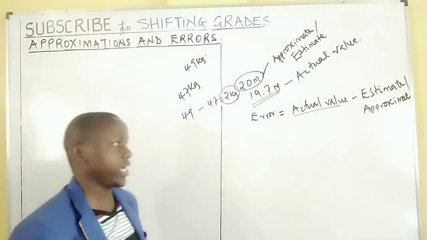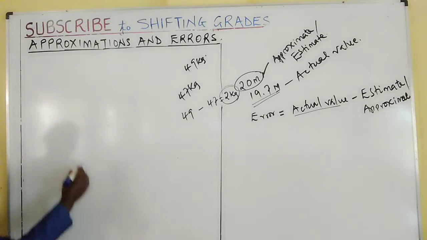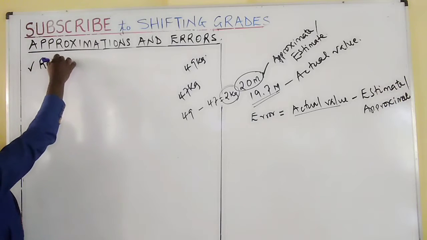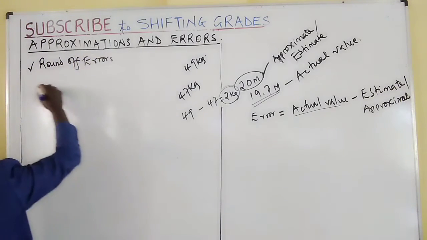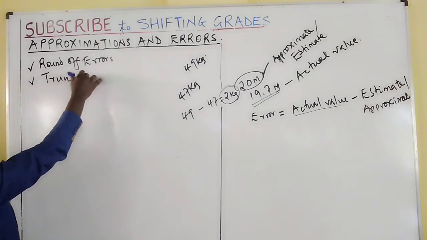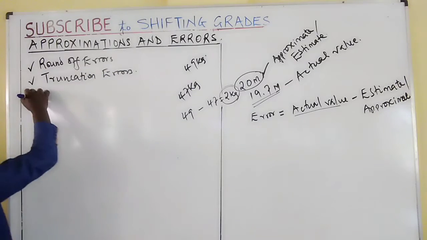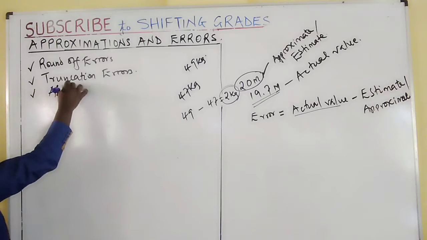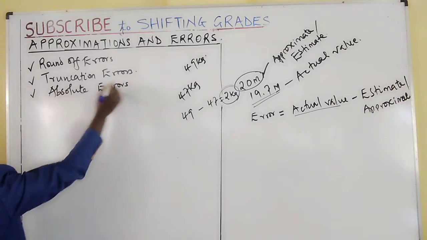So I would like us to check different types of errors, whereby we will start with round off errors. We have truncation errors. We have the absolute error.